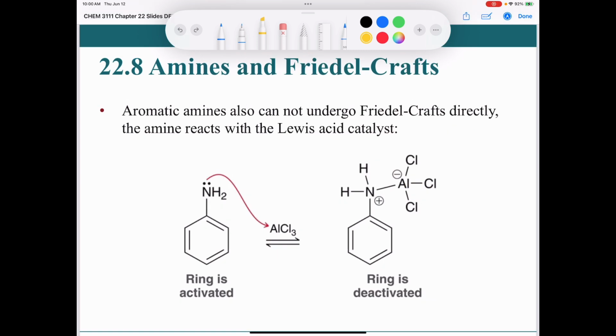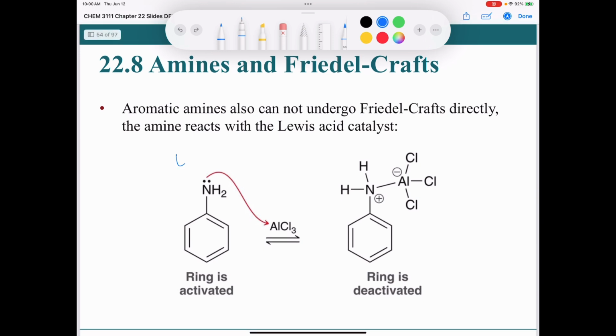Now, something else you might remember from back in chapter 18 is that aromatic amines do not undergo Friedel-Crafts reactions. You can't do Friedel-Crafts alkylation or acylation with an aromatic amine, an aniline derivative. And the reason why is that the aniline is a Lewis base, an electron donor, and the aluminum trichloride, of course, is a Lewis acid.